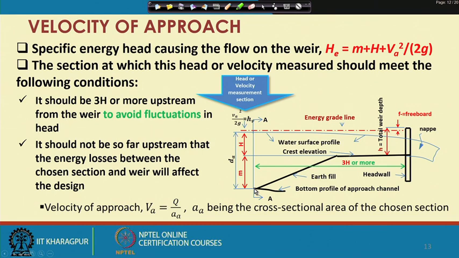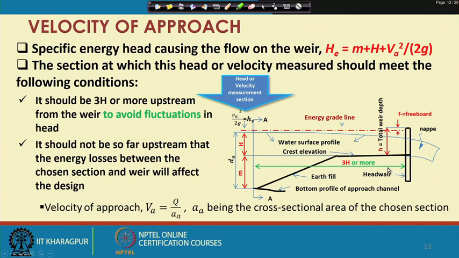and all these heads, like velocity head, are generally measured at a distance of 3H, 3 capital H, or more from the weir. You will see this figure, the green line. This is to avoid the fluctuations in the heads.